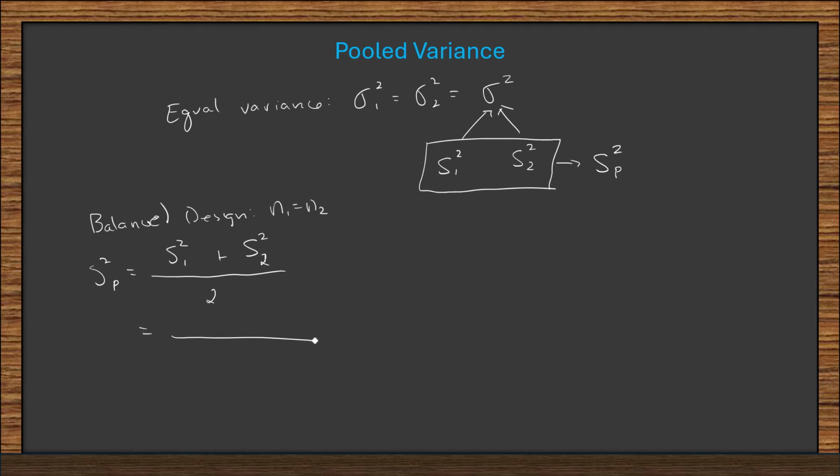For instance, in this case, because we do have a balanced design, the first variance was 42.55. That was the variance of the dependent variable for the first group, and we add that to 45.13. Then we divide by 2, and we get 43.84. And so this number, as a pooled variance, is an estimate of the variability in the population.